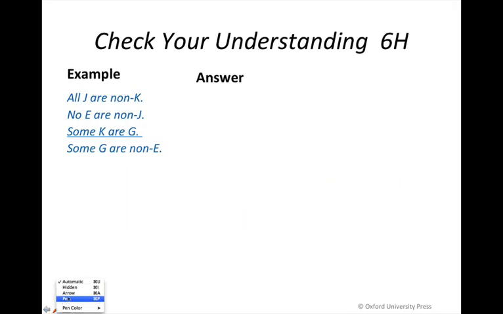All right, before we can deal with this argument, we need to reduce our terms. So all J are non-K is going to become no J are K. Do you see that we've obverted the first premise? No E are non-J becomes all E are J. Again, we've obverted the premise.